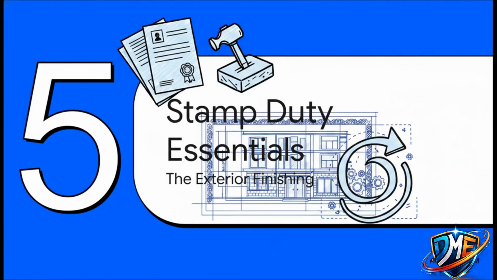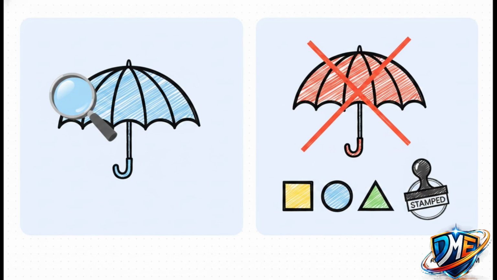Section 5, Stamp Duty Essentials, the exterior finishing. All right, you're going to need to completely compartmentalize this next pivot to avoid some potentially costly mistakes. Under the income tax lens, as we've been talking about, the umbrella VCC is treated as one single company. But under the stamp duty lens, that whole umbrella analogy just drops away completely.